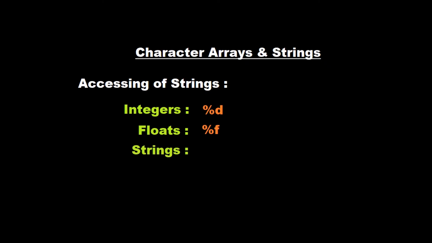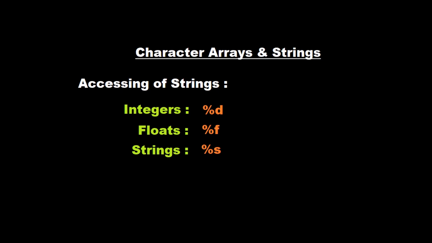In case of string also, we can use this method, which is %s. With the help of %s, we can access strings. So, as you know how to access strings, initialize strings and declare strings, let us move on to the editor so that I can show you a simple example with the help of which you can understand strings more.